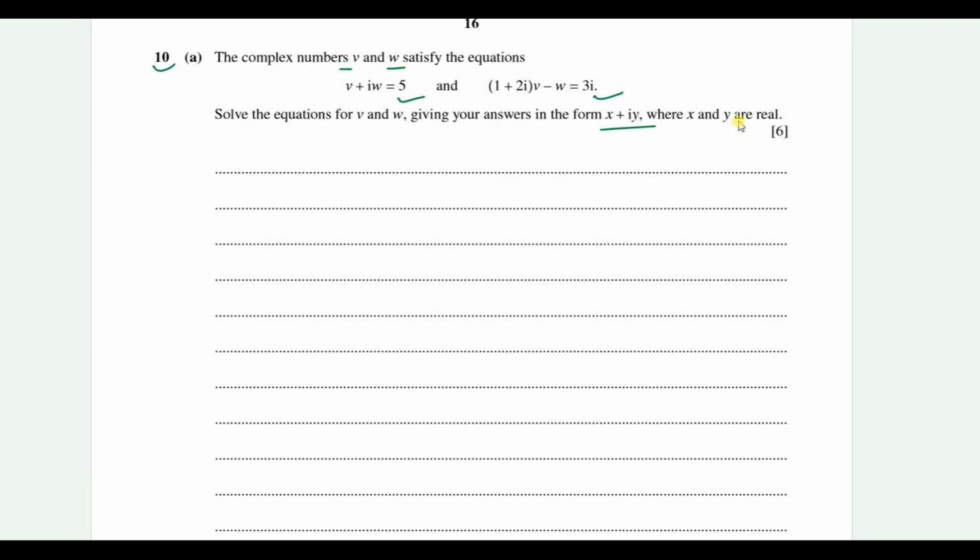Note where x and y are real numbers. I can multiply the second equation by iota.